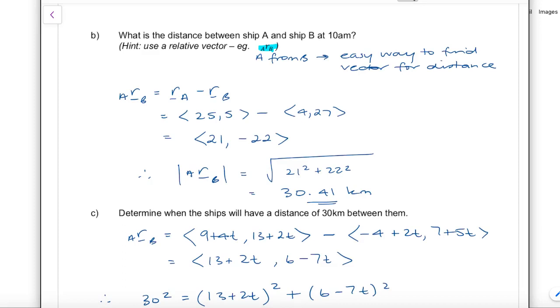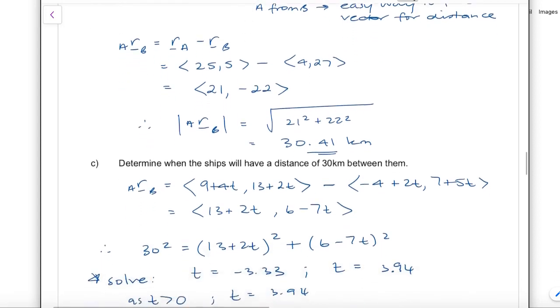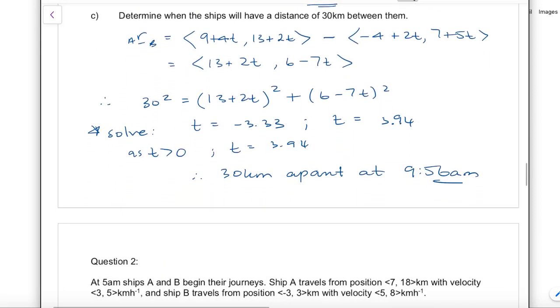Going back to A relative to B and what that would look like using the standard vectors with their position and velocity, we can form a really nice relative vector. We can then make this equal to 30 kilometres, and we find that this happens at 9:56 a.m., which makes a lot of sense.